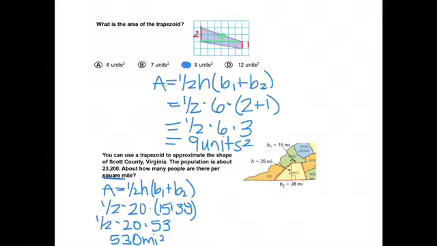So with 23,200 total people and 530 total square miles, the amount of people per square mile, I need to divide the population, 23,200, by 530. Guess what? We have calculators now. We don't have to do this by hand. Yay, no long division.